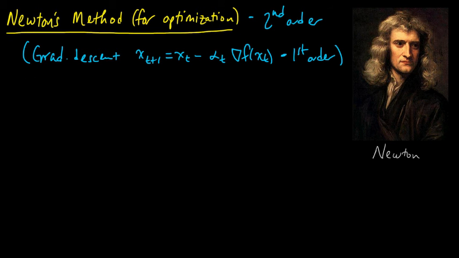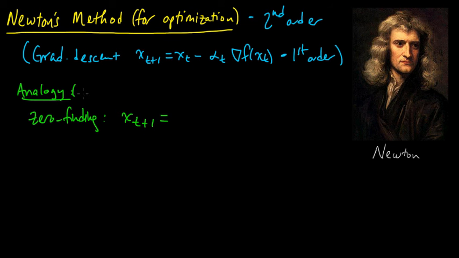Now, you may be familiar with Newton's method, especially in the 1D case. Newton's method, not applying it to optimization or anything, for zero finding, is your xt plus 1.